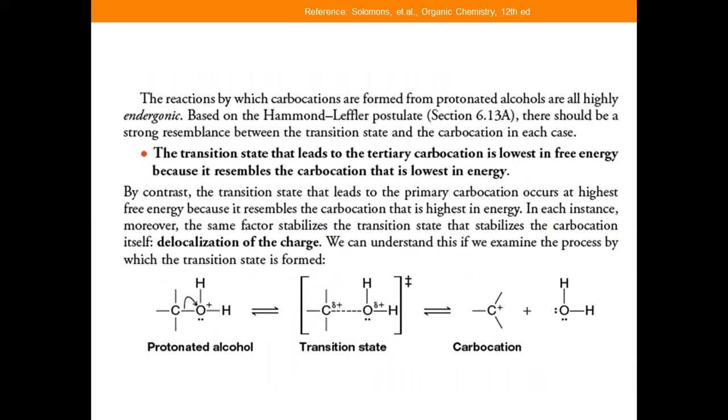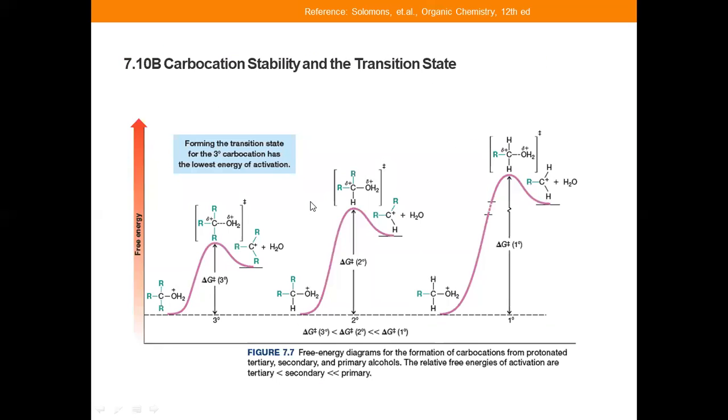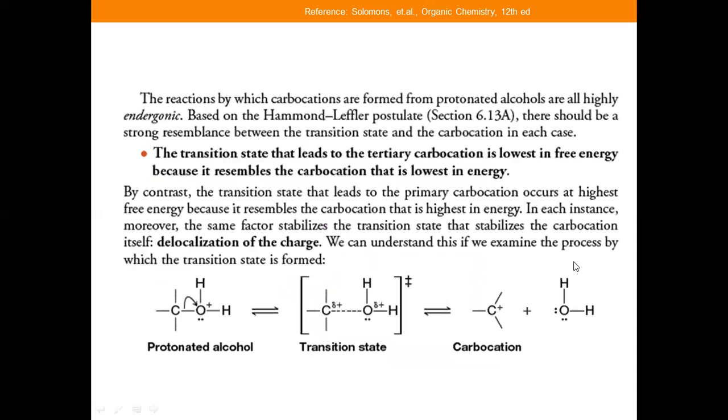The transition state that leads to the tertiary carbocation is lowest in free energy. So we've learned this one here, the transition state for our tertiary, in the formation of our tertiary carbocation, the free energy is much, much lower than the 2 degree carbocation than the 1 degree carbocation. And in the Hammond-Leffler postulate, our transition state should be closer or resembles to our carbocation, like this one.